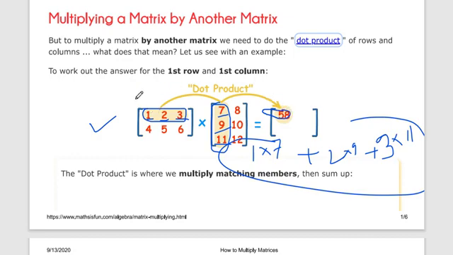Why? Because we have taken first row and first column. If we take second row and second column and multiply, where do you put it in the final answer? It goes in second row second column. So do not confuse how to put this value in the final answer matrix element.